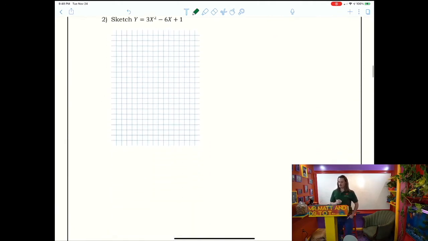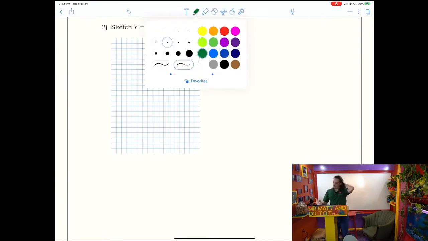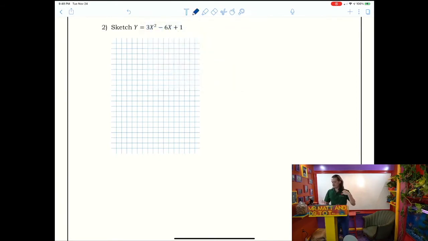I'd like you to graph y is equal to 3x squared minus 6x plus 1. So looking at our b value of -6 and our a value of 3, if we evaluate -b over 2a, -b is going to be -(-6) over 2 times 3.